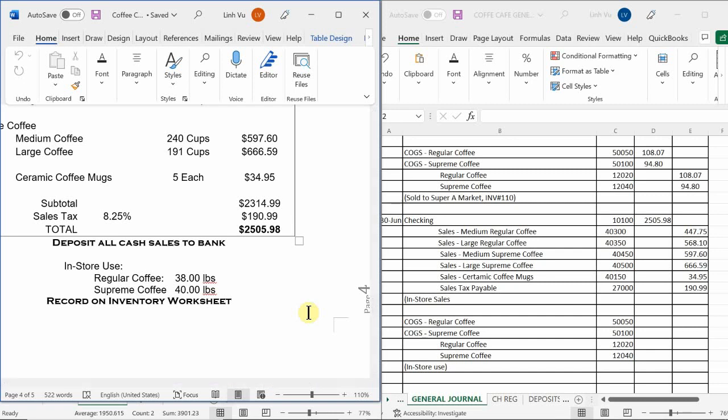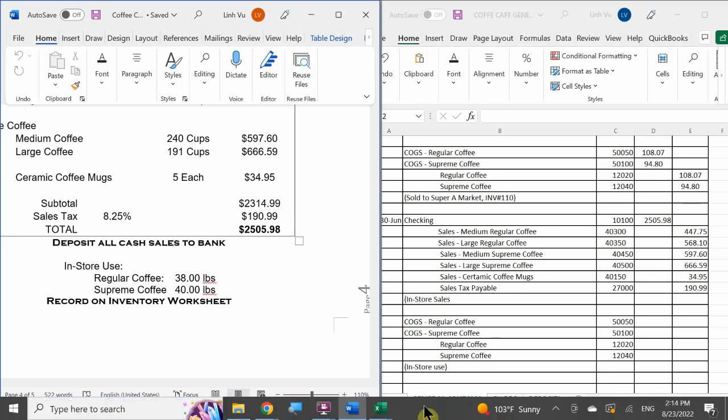Okay. Here we used 38 pounds of regular coffee and 40 pounds of the Supreme coffee. Okay, so 38 regular and 40 Supreme.